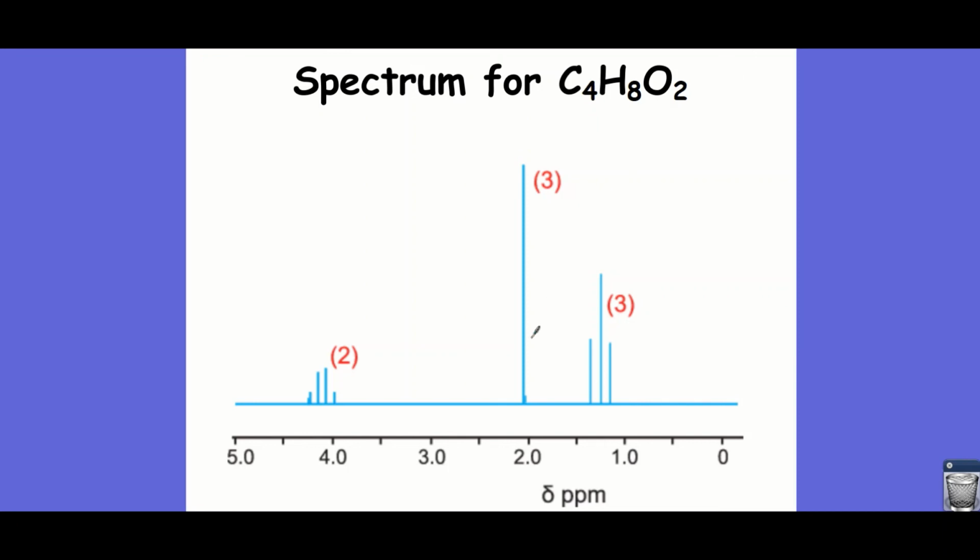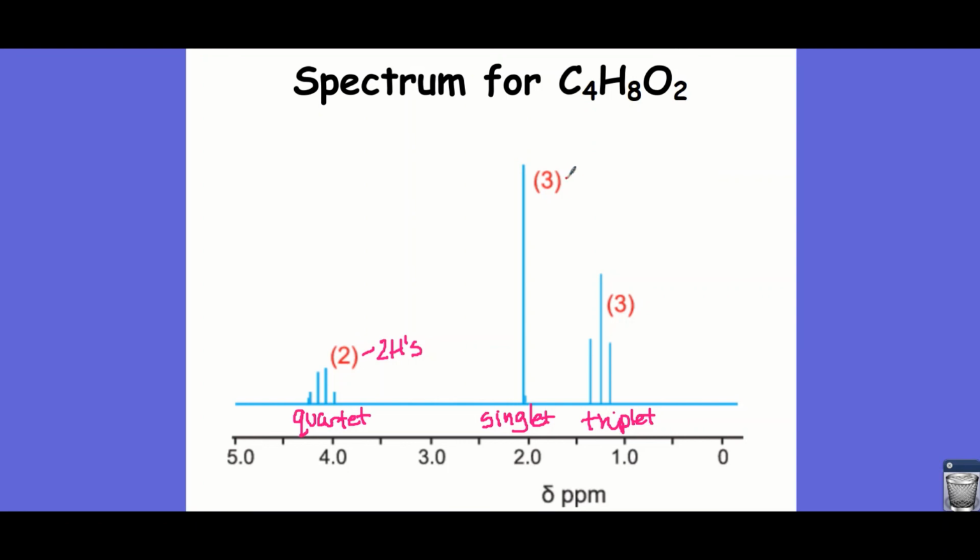Let's look at our peaks first of all. We have a quartet, we have a singlet, and we have a triplet. They all have their own individual shifts. This 2 tells me that there's two hydrogens at this shift, so probably that is a CH2.